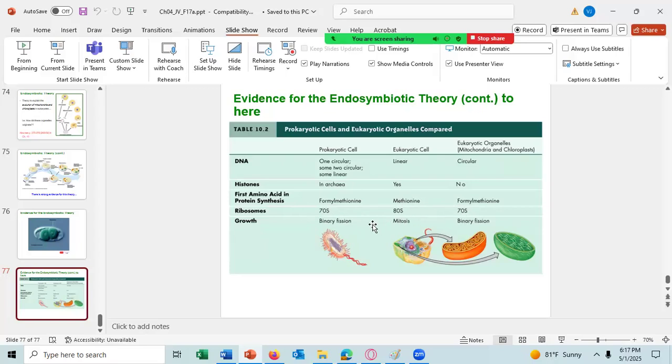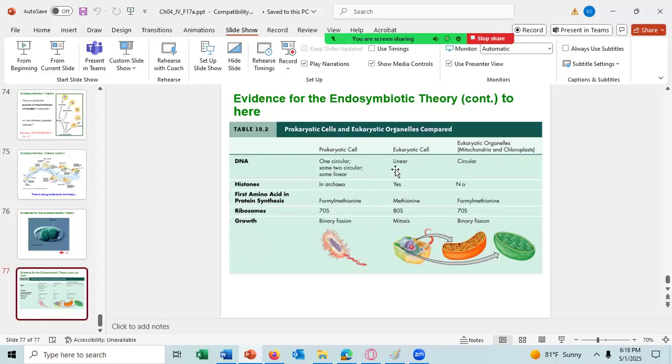If you look at the growth of a prokaryote cell, it's by binary fission. Eukaryote cells, the growth occurs by mitosis. If we look at the growth of the mitochondria and the chloroplast, it happens by binary fission. And then the strongest evidence, if you sequence the DNA of a bacteria, it falls within the domain bacteria.